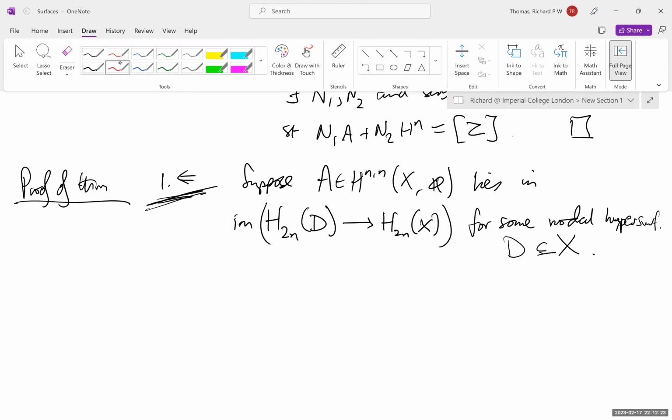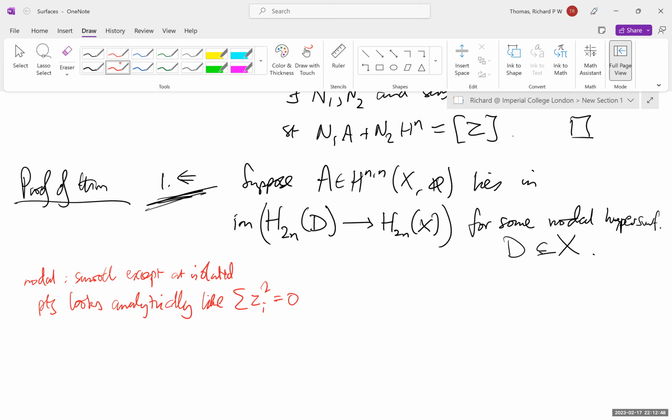So just an aside, nodal means smooth except at isolated points. It looks, locally analytically, like sum z_i squared equals 0.